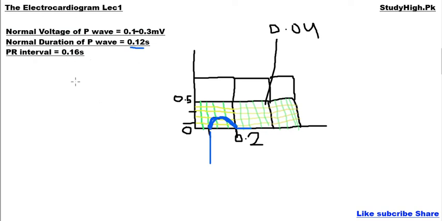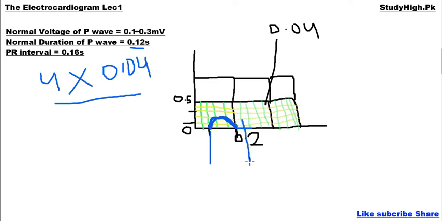So 1, 2, 3, 4: 4 small boxes will be equal to 0.16 second. After 4 small boxes, the QRS complex will start and the PR interval will end. So this is the PR interval, which in normal conditions is 0.16 second. I hope now you can easily draw the P wave of the electrocardiograph.